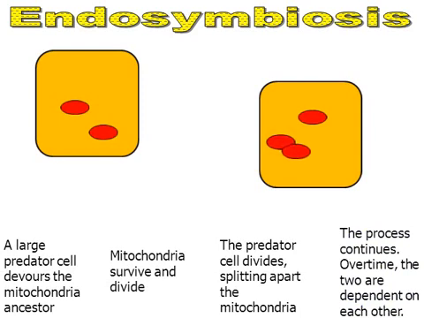So the mitochondria ancestors keep multiplying, and then the orange predator cell divides in half. And over time, over millions and millions of years, the two have become so dependent on one another that they can't survive without them. So this is what the endosymbiosis theory tries to explain: how cells became more complex. How did we obtain certain cell parts? And this is the explanation for how we think the mitochondria was obtained.